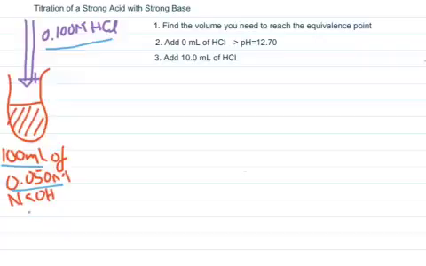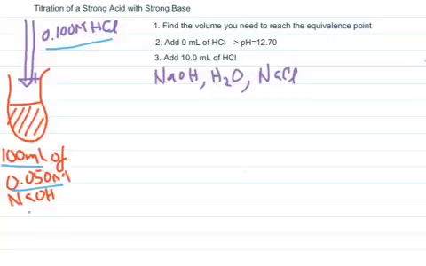Well, I just added some hydrochloric acid, but because it gets all absorbed by the sodium hydroxide, I still have sodium hydroxide, some water that gets formed, remember your balanced equation, as well as some sodium chloride aqueous solution.